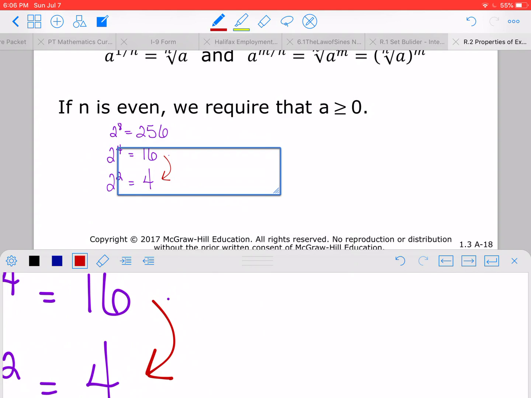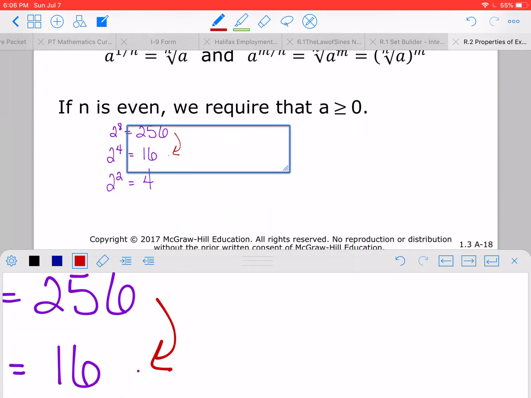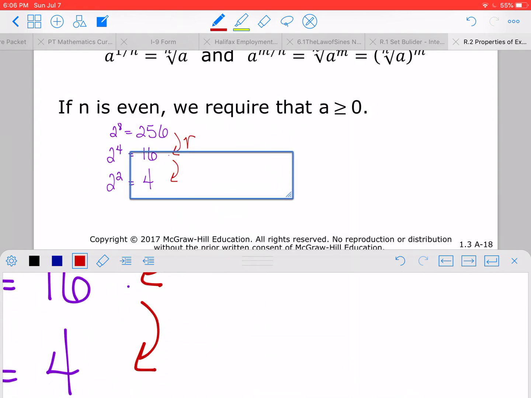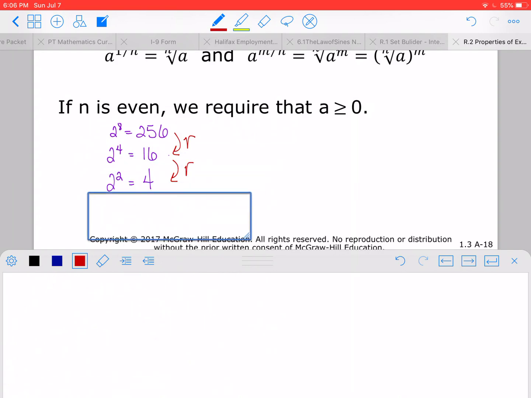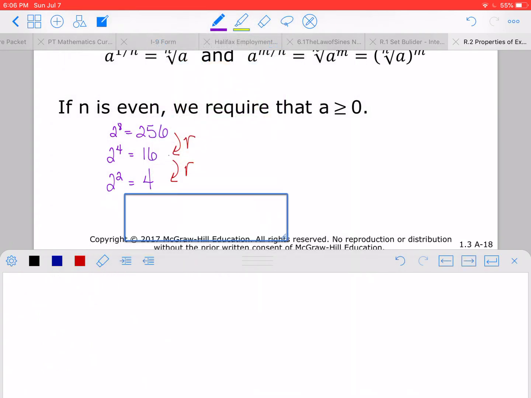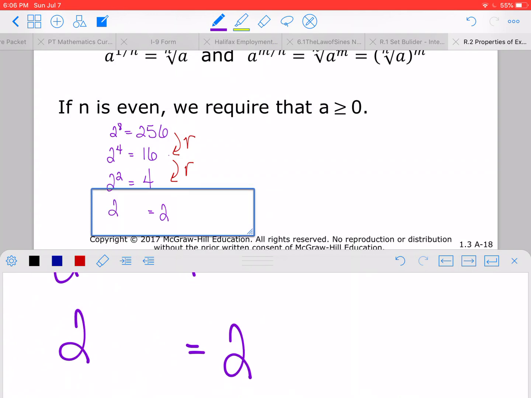So basically, we've taken the square root each time. If you take the square root of 256, you get 16. If you take the square root of 16, you get 4. So what's going to happen if I take the square root of 4? I get 2. That's 2 to the 1. I've halved the 1 again.